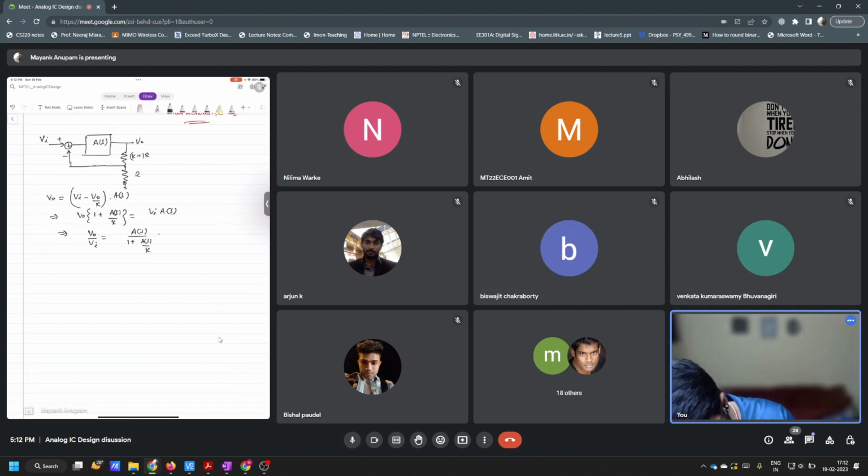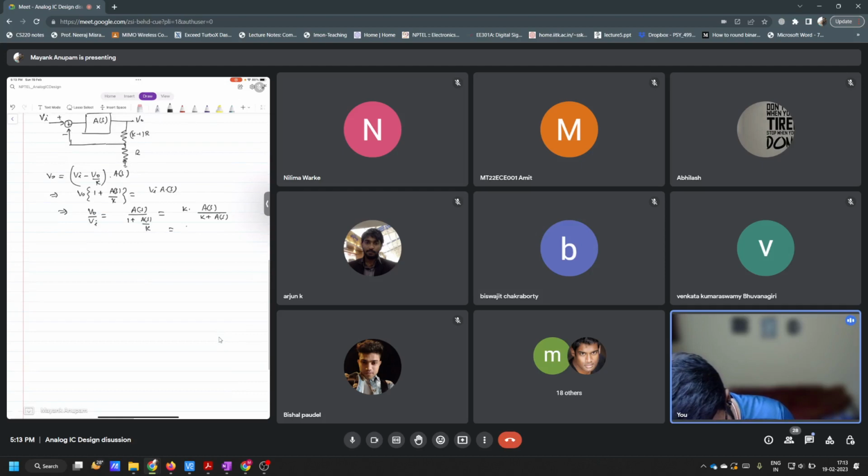So now let's simplify it slightly. Let's make K common here. That will become A of S divided by K plus A of S, correct?